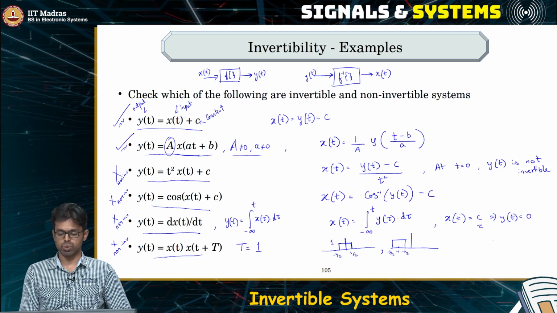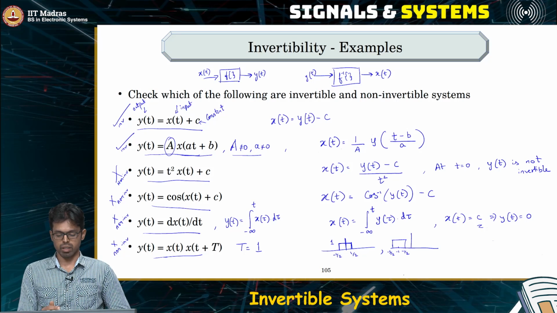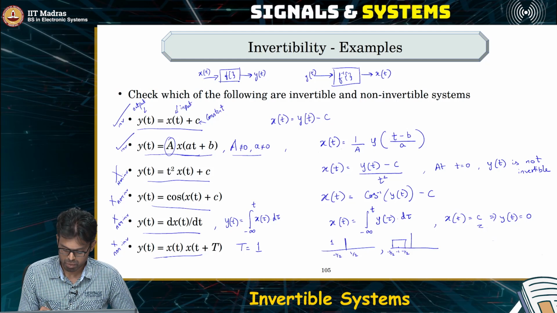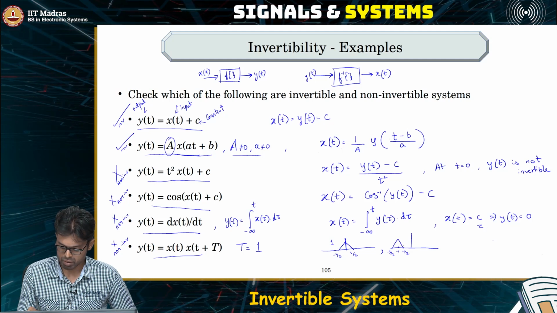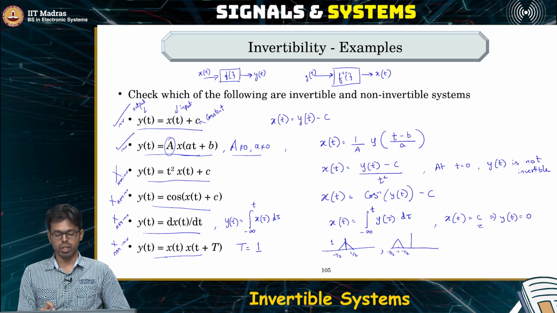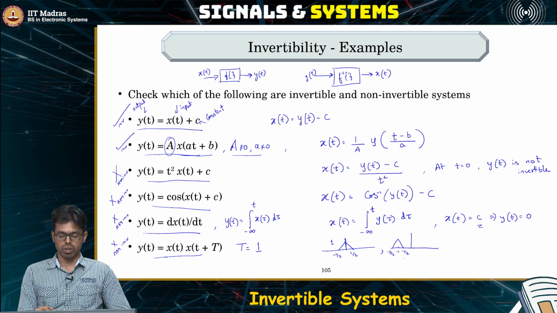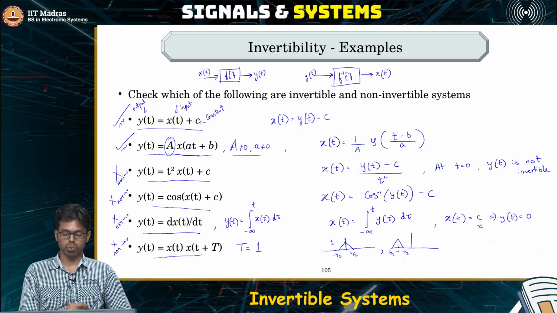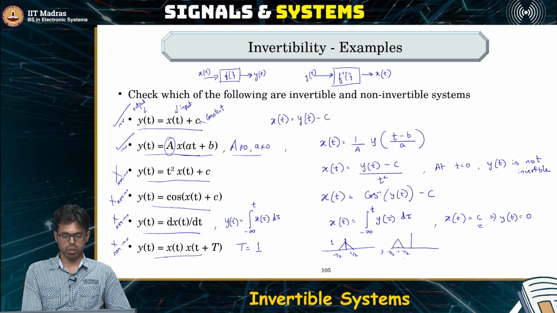Now you multiply these two, you're going to get 0. So if you feed in a rectangular signal like this, you're going to get a 0 as the output. Now let's say it is not a rectangle but a triangle, something like that. Even then, it is also going to be 0. So no matter what, the output here is 0, irrespective of the input being a rectangular signal or a triangular signal. So you will not be able to know which was the input that gave us the 0 output, essentially making this a non-invertible system.